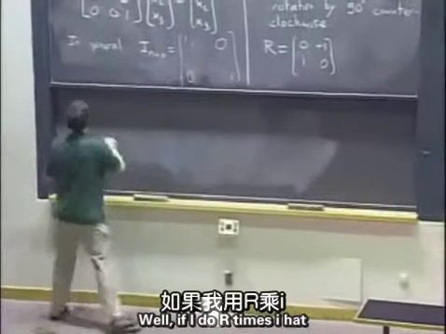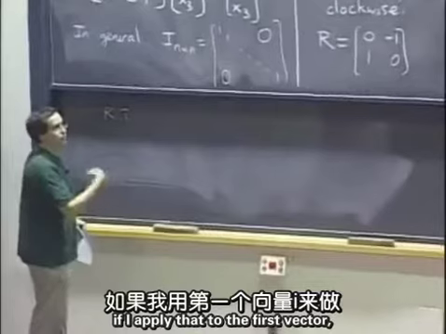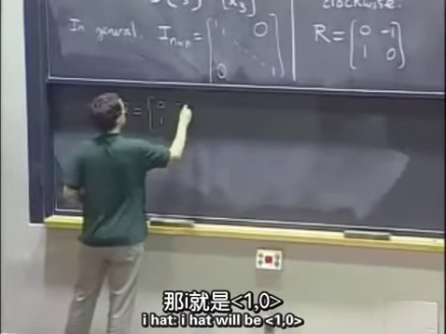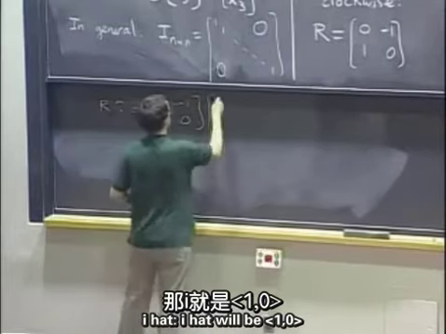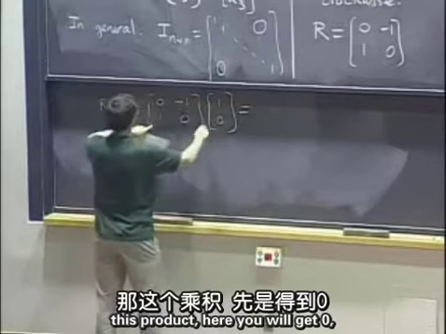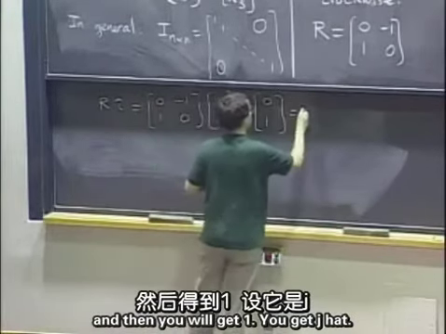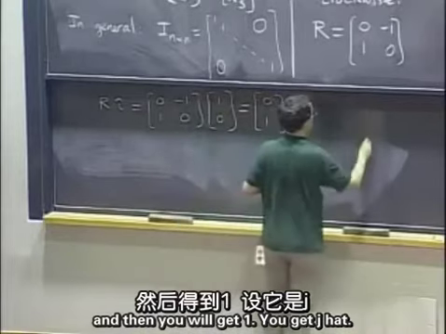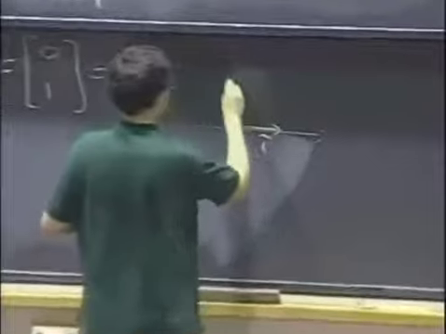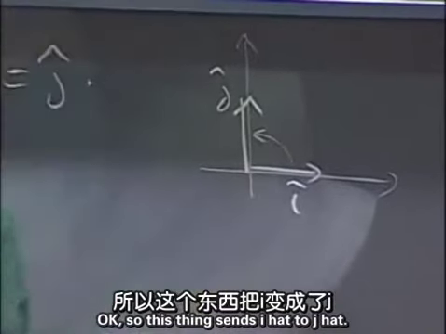Well, if I apply R to the first vector, i hat, which is 1, 0, then in this product you will get 0, and then you will get 1. You get j hat. So this thing sends i hat to j hat.